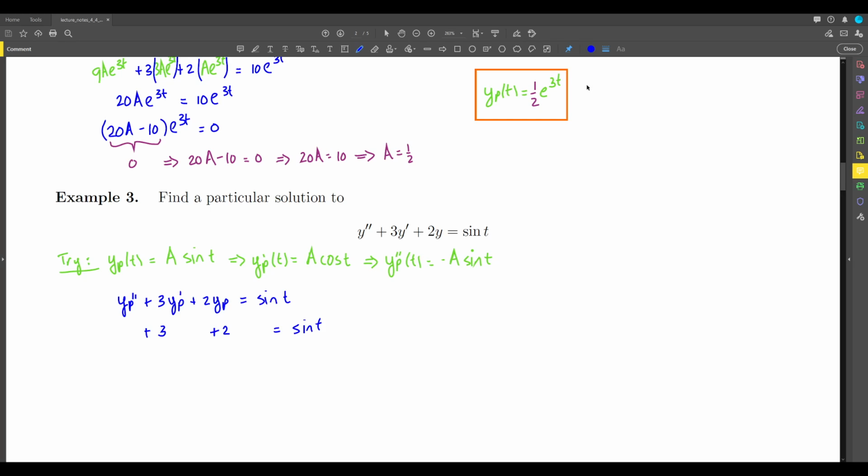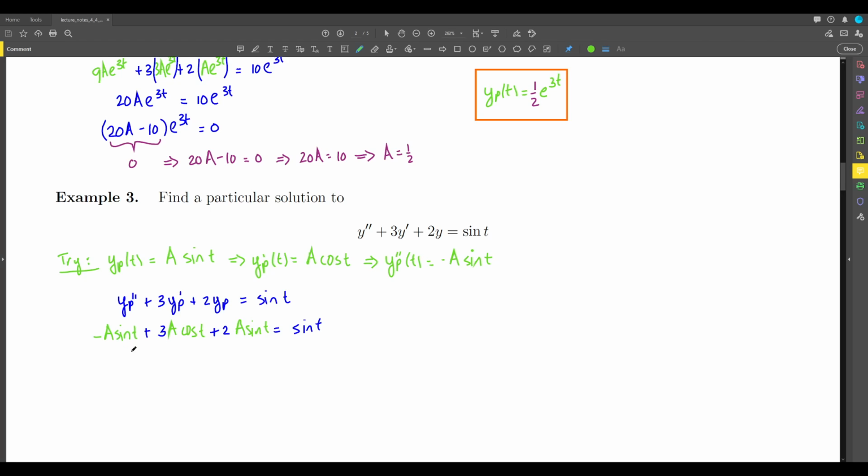And let's plug in what we know. yp double prime is negative a sine of t. yp prime is 3 times a cosine t. And then yp is a times sine of t.